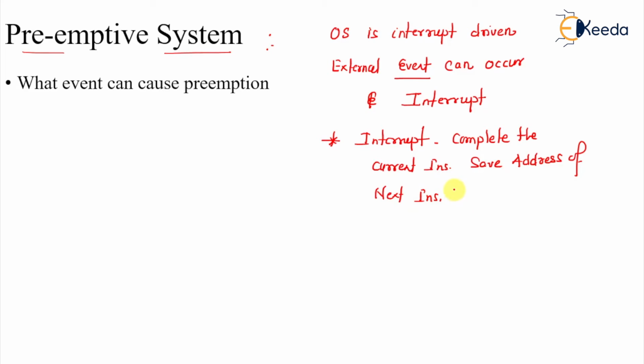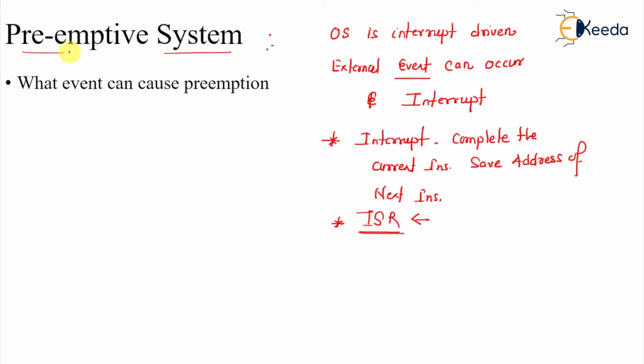Then if an external event occurs, the ISR will execute. We'll find the ISR. There are many issues involved in finding the ISR, such as vectored, and then there is one more called polling. We'll complete that ISR and again resume the execution.